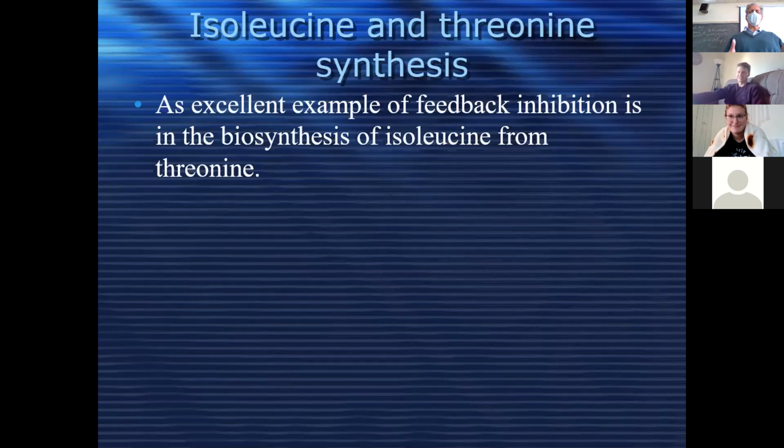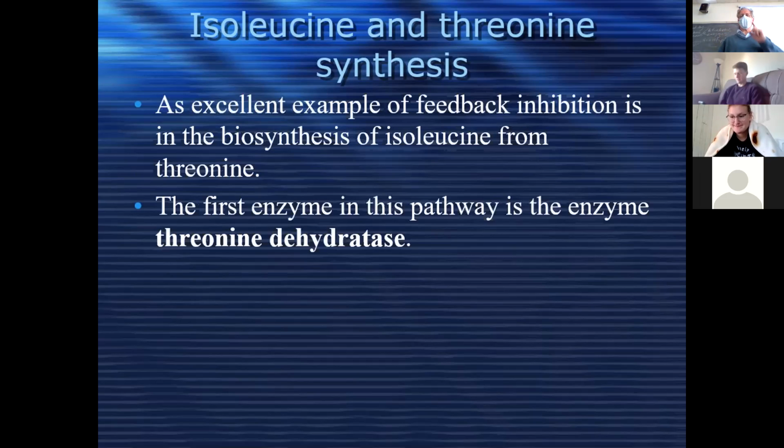So let's take, for example, isoleucine. Isoleucine is made from the amino acid threonine. And the very first enzyme involved in this synthesis is threonine dehydratase. That produces alpha ketobutyrate.